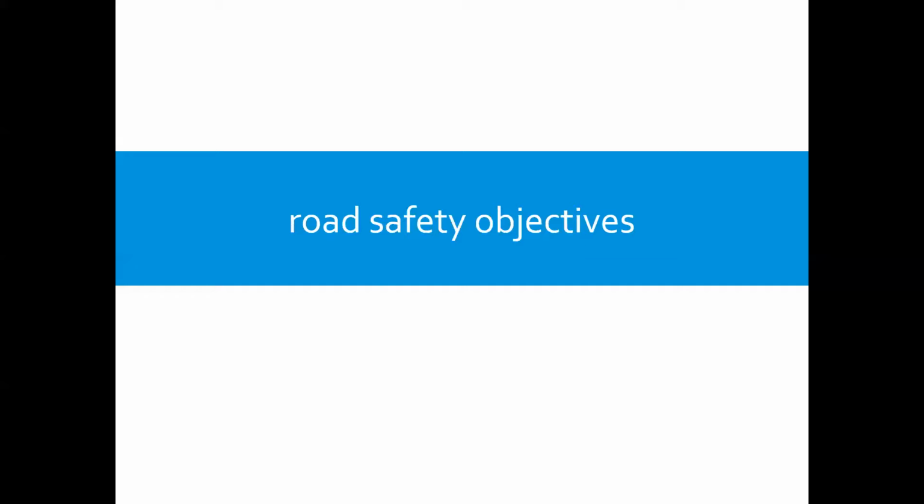I would like to introduce you to the forgiving roadside approach. The forgiving roadside concept relates to the approach of making provision for an errant vehicle leaving the roadway by incorporating design elements that reduce the consequences of such departure.